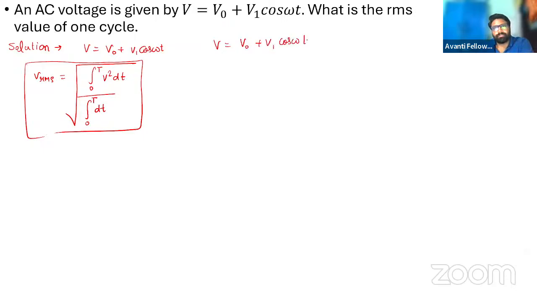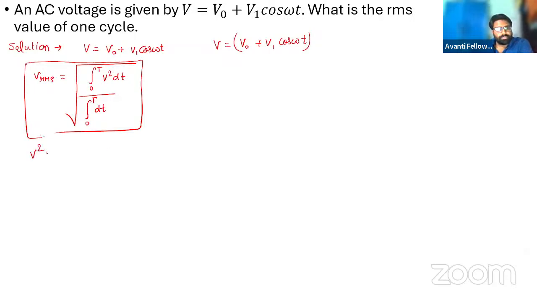cos omega t. Now either you can take the square of it. V is equal to V naught plus V1 cos omega t.